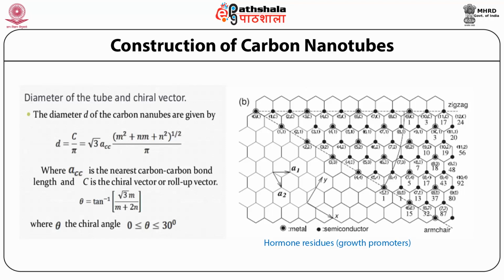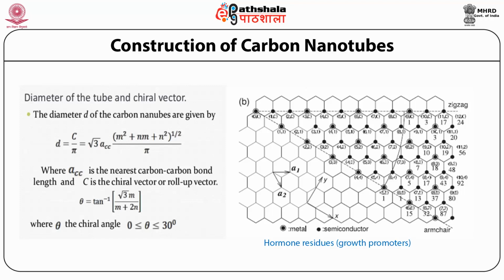Or if I take (5,0) and match the head with the tail of the circumference, then we will end up with a (5,0) nanotube. This chiral vector C and the angle between them, theta, are two important parameters which define their diameter and other properties.